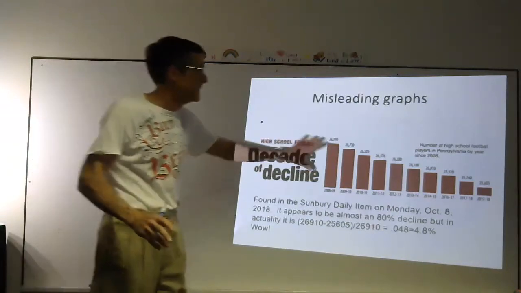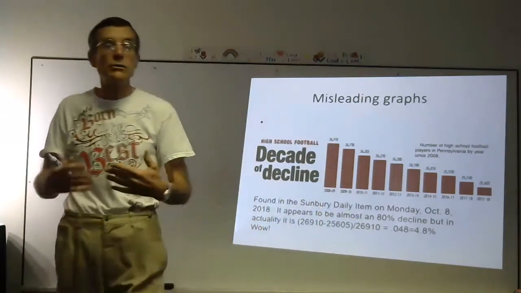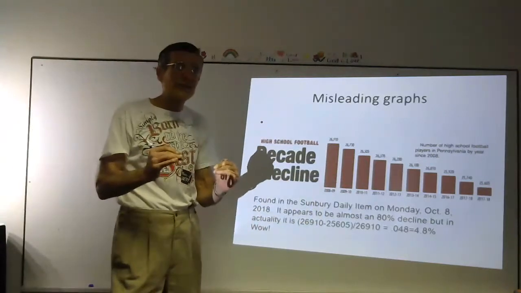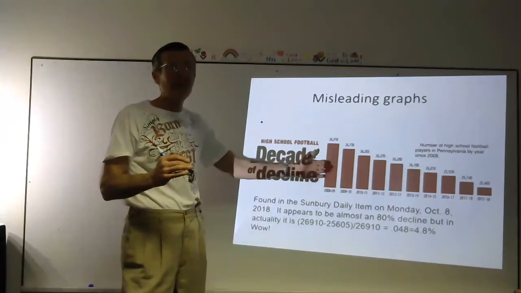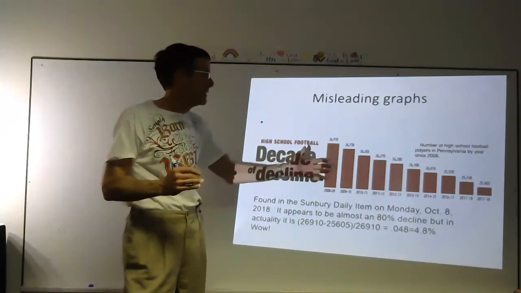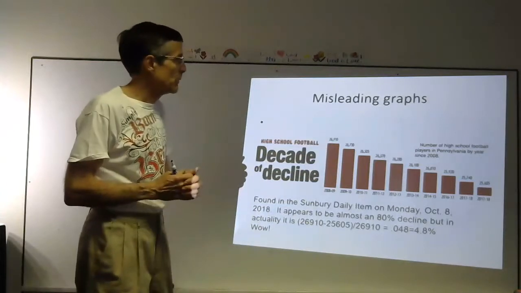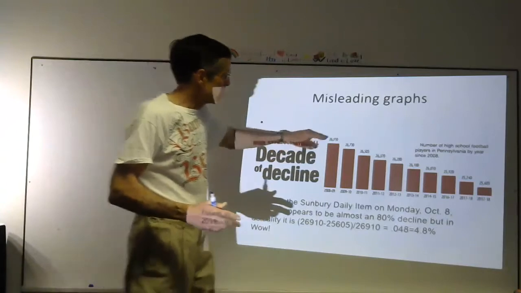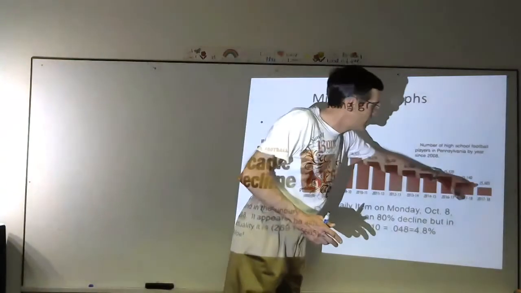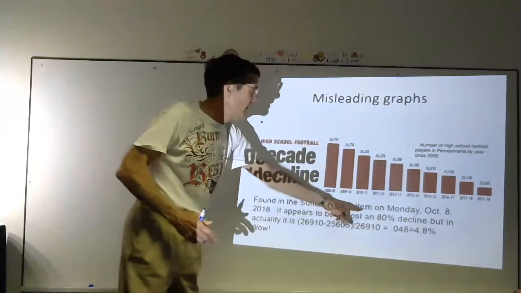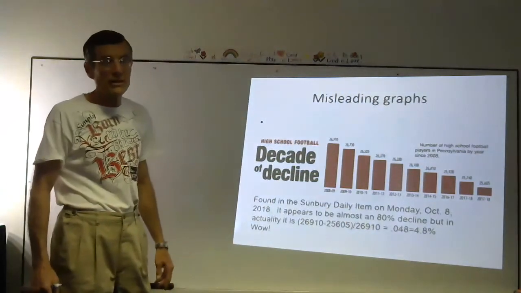In fact, we redid the data in a bar graph to make it correct. They printed our letter, but they didn't reprint our bar graph because they wanted this to look astonishing, that the number of high school football players is decreasing, okay? If you actually measure these bars, it looks like almost an 80% decline.